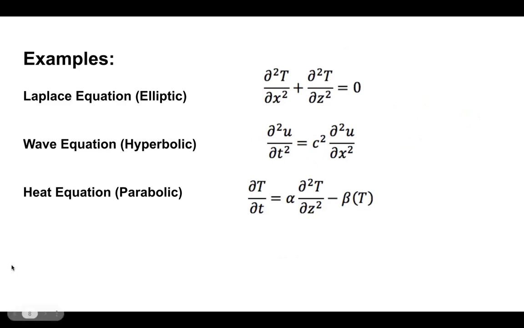Now coming to the heat equation, that is dou T by dou t is equal to alpha dou square T by dou z square minus beta times T. Whatever we saw in the conduction transient condition, such an equation has parabolic characteristics. Right, now I've given you enough examples.